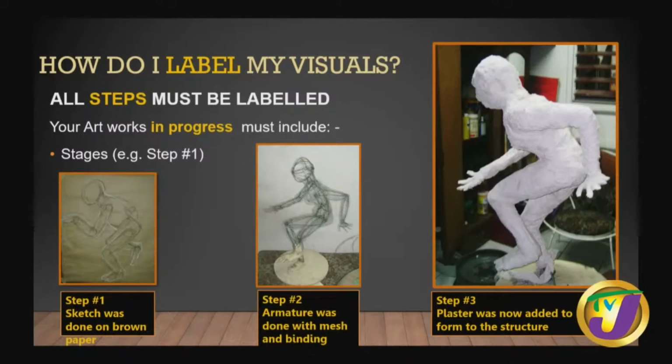So, how do you lay this out on the page? I'm giving you 2 examples. Here is an example of a student who laid it out on the page. So these are the steps.